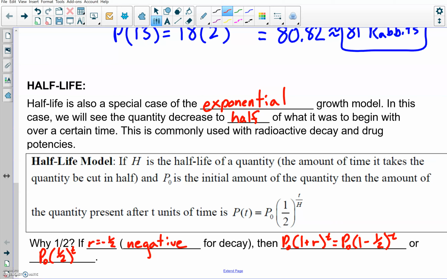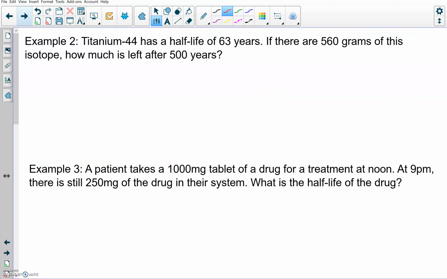So it's just a way to let you know how many actual times you have halved as you move through the time period based on the actual time it takes to be cut in half. So that's a very common thing with these. You see that fractional power, doubling time, half time, they all use it. So let's go ahead and take a look at an example.